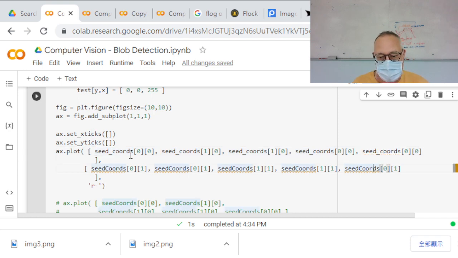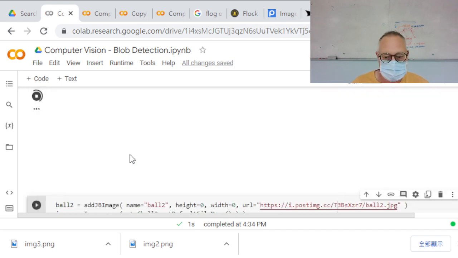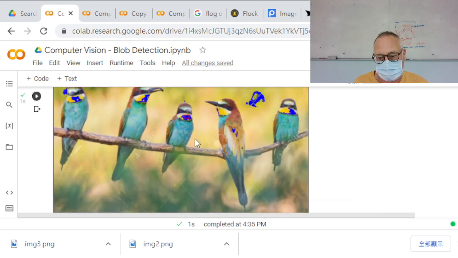So how do we fix that problem? This is the area that I used.